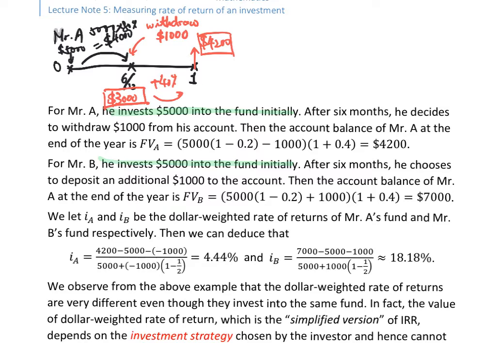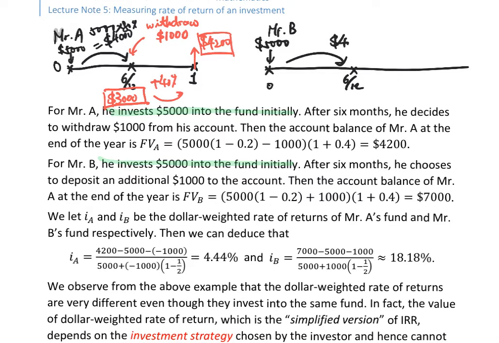Now for Mr. B, we do a similar exercise. First of all, he deposits $5,000. Again, after 6 months the account balance drops to 4,000. But instead of withdrawing money, he goes aggressive and makes an additional deposit of $1,000. So the new account balance goes to 5,000.